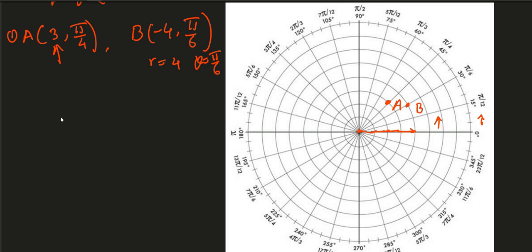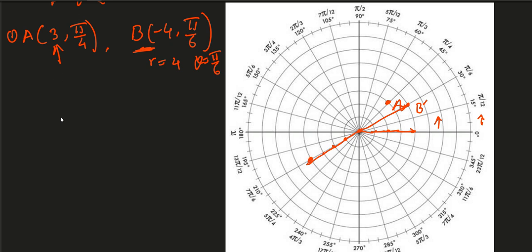But now look at the actual B. Let's say this is B prime. In the actual B, we have a negative sign, so we have to come directly opposite to this direction. Right now we are in this direction, so we have to come to the opposite direction to that point, and we have to stop at 4 units apart from the center. 1, 2, 3, 4.